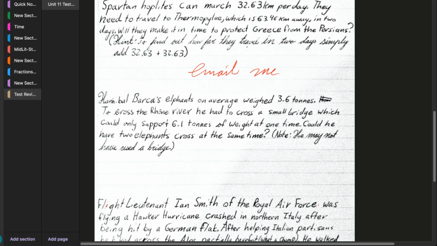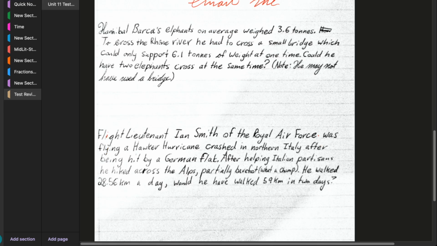right? This one here, I noticed I made a mistake. Hurricane was flying a hurricane, and then I should have said and crashed in North Italy, and then this one I could have maybe said guns, but whatever. A German flak, probably more than just one flak. It was by a flak gun. But anyways, this guy's an interesting character. South Africans might know him a little bit better.